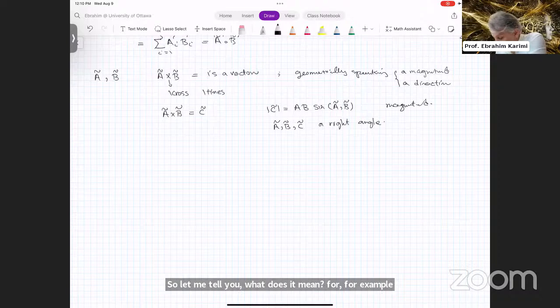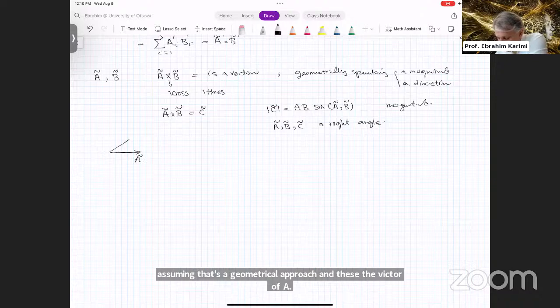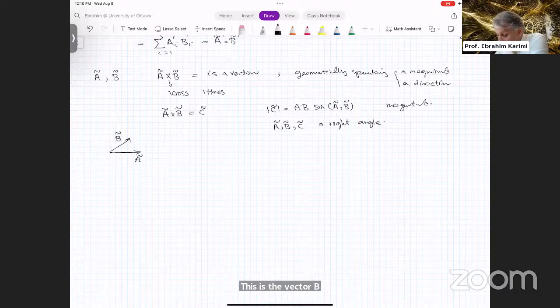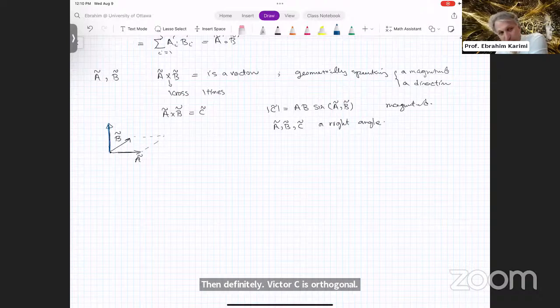For example, assuming a geometrical approach, this is the vector A, this is the vector B, then definitely vector C is orthogonal to the plane that A and B are creating.